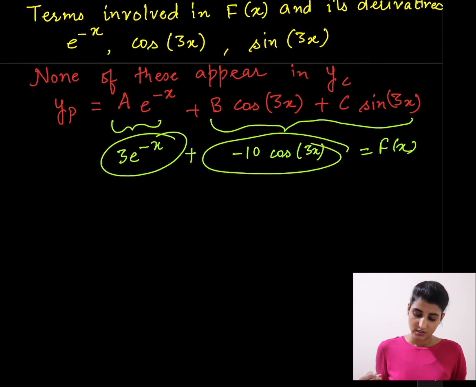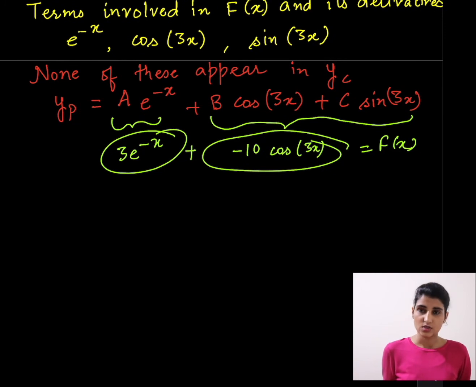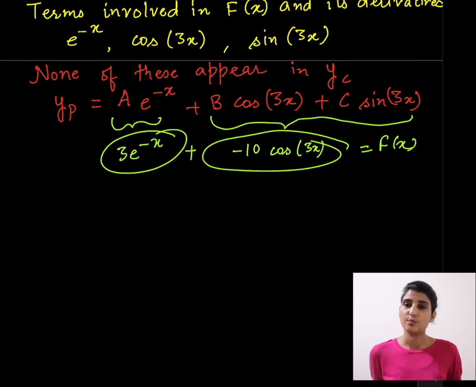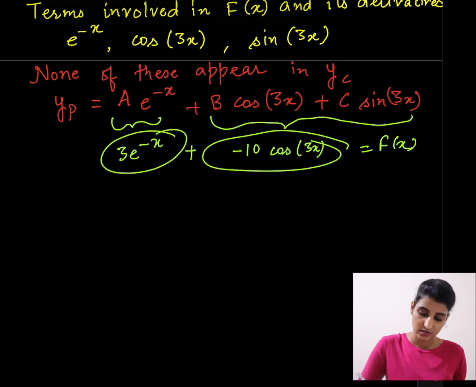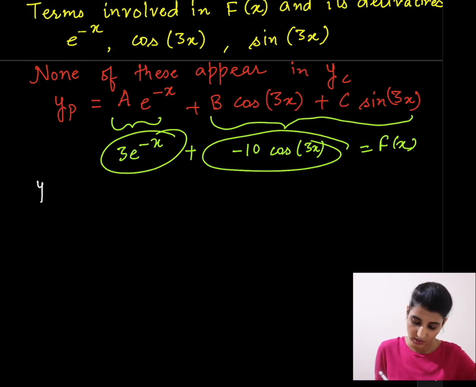Okay. Next step is always to plug yp back into your equation to find the values of your constants a, b and c. So let's plug this back into our equation.